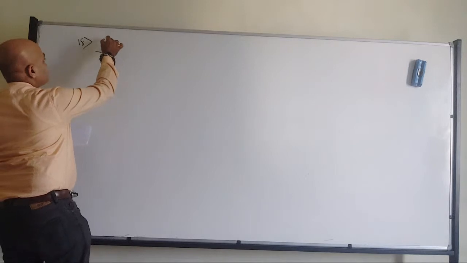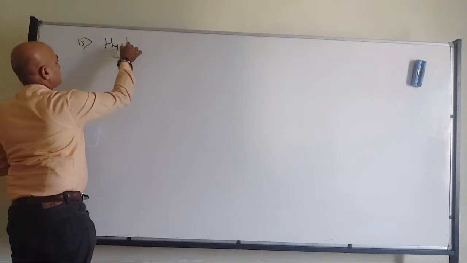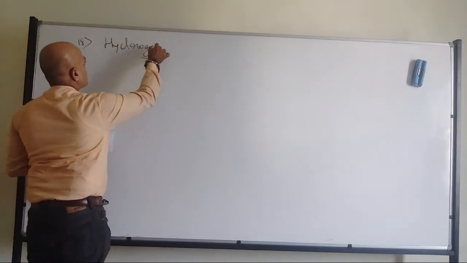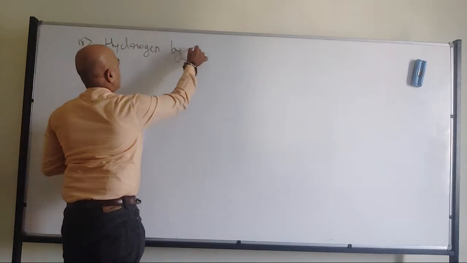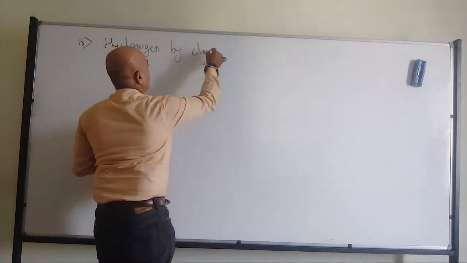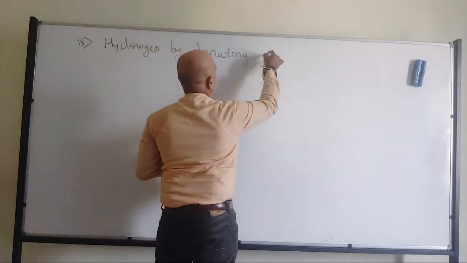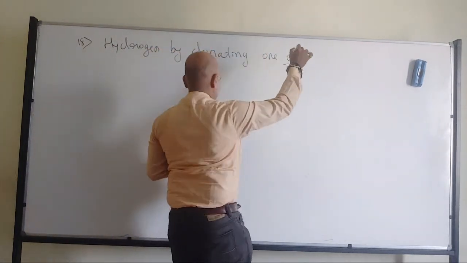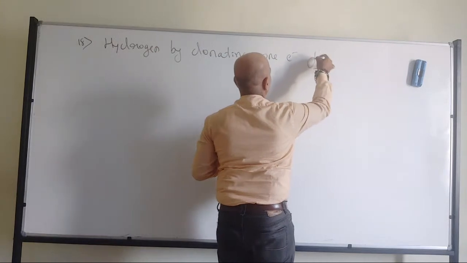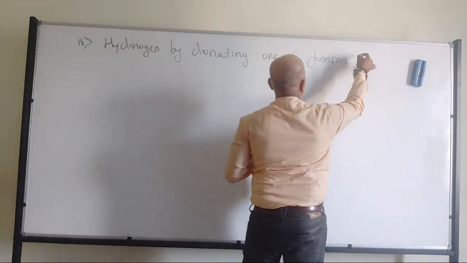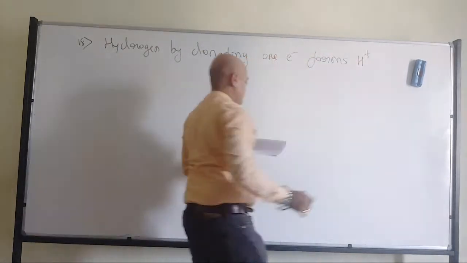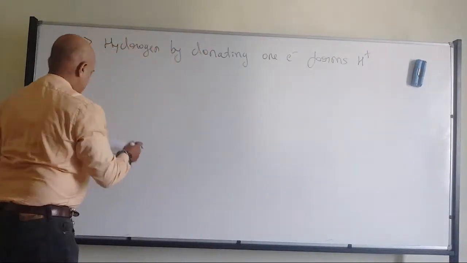So hydrogen by donating one electron, naturally it will be having one electron only, forms H plus.